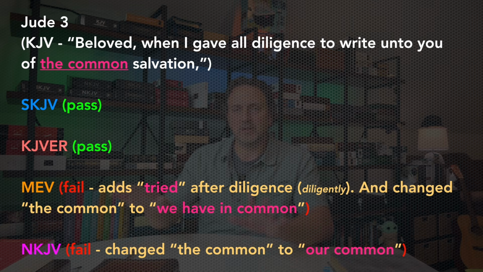In the MEV it says diligently, but they put tried. So diligently tried. And it changes the common to we have in common. So it kind of adds some stuff there. And then the New King James Version changes the common to our common. So it would read, unto you of our common salvation.